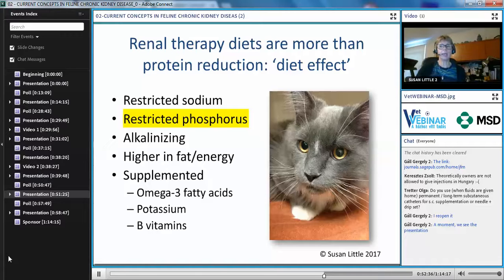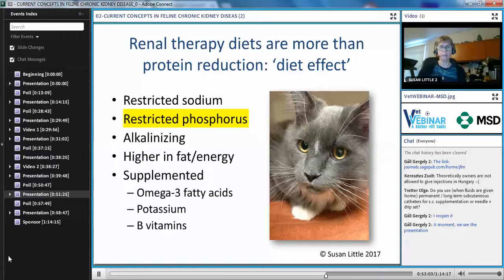And these diets are more than just diets about protein content. We often say we're going to use a low protein diet. Well, actually, we're doing these diets a disservice if we just talk about them in terms of protein content because they actually do a number of things. They restrict sodium, they restrict phosphorus, and I have that highlighted in yellow because I actually think that's the most important thing that these diets do for our patients.